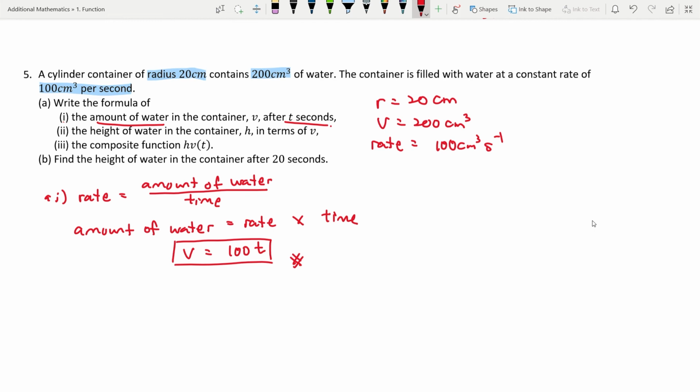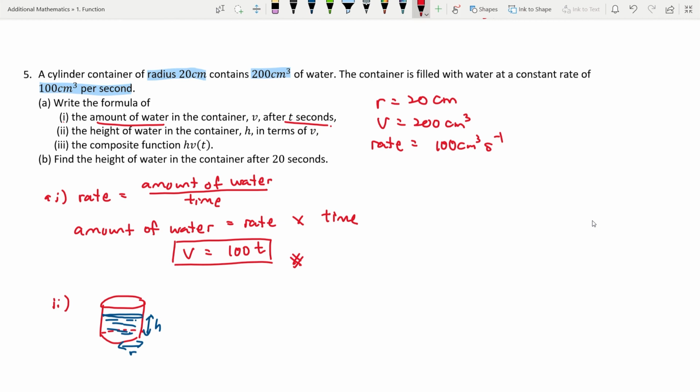A2. Write the formula of the height of water in the container, h, in terms of V. The container is cylinder in shape, so we have something like this, and the water. This will be the height, and this will be the radius.